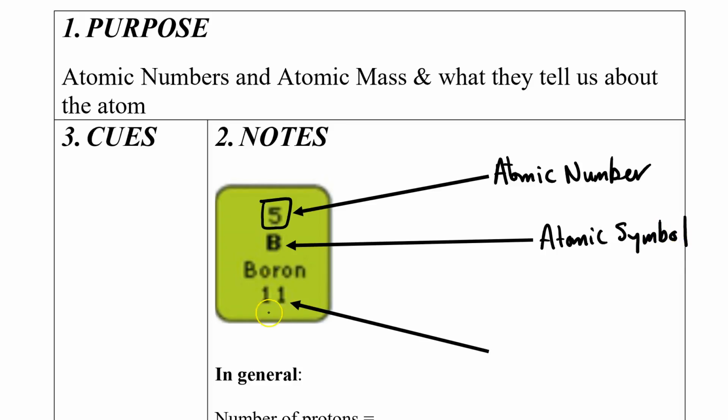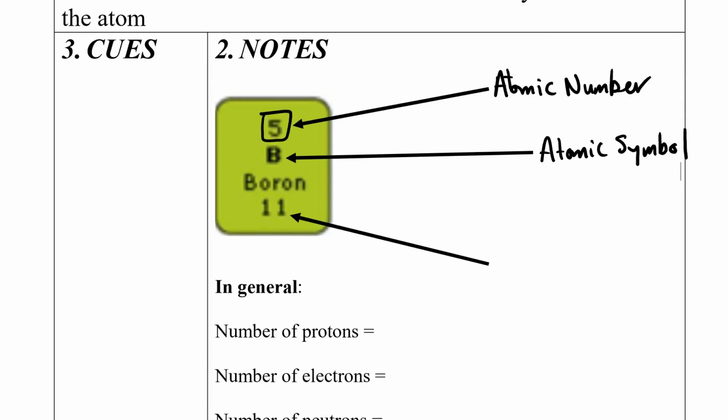And the biggest number on our periodic table is the atomic mass. Now these atomic number, atomic symbol, and atomic mass, they all have atomic in the title, but they have very different ways of describing the atom.